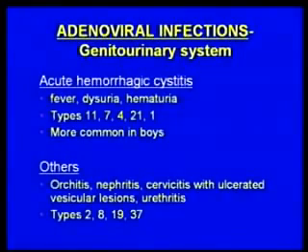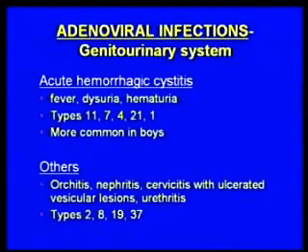The spectrum of disease is quite large, and so we have other organ involvement, and chiefly in the genitourinary system, we have this syndrome of acute hemorrhagic cystitis. Has anyone heard of this or know about this? It's not totally uncommon, but you can have fever and dysuria, mainly males are affected, and sudden blood in the urine.